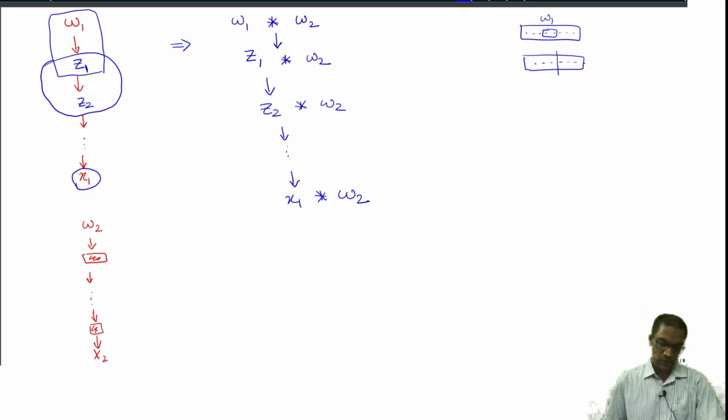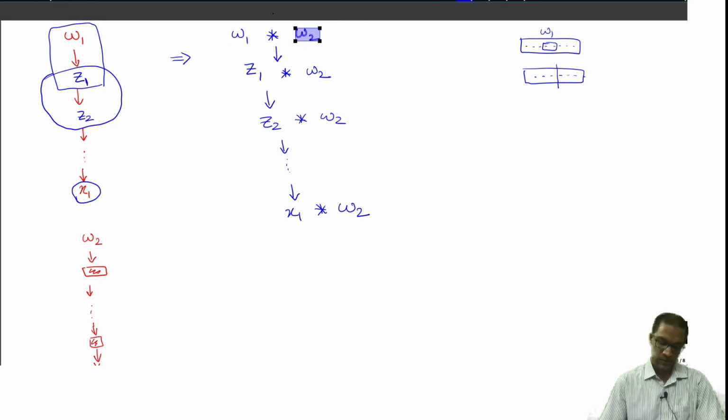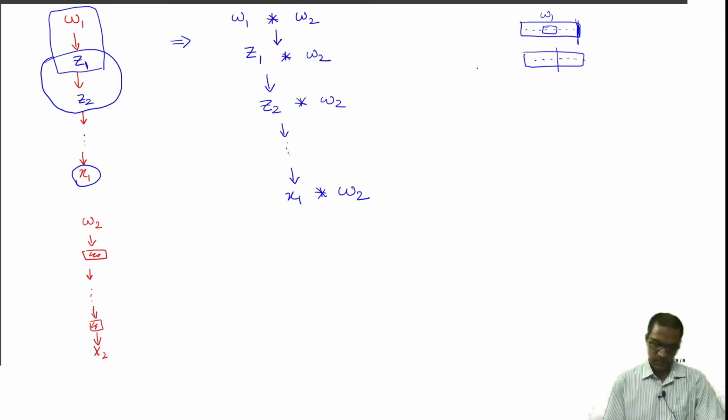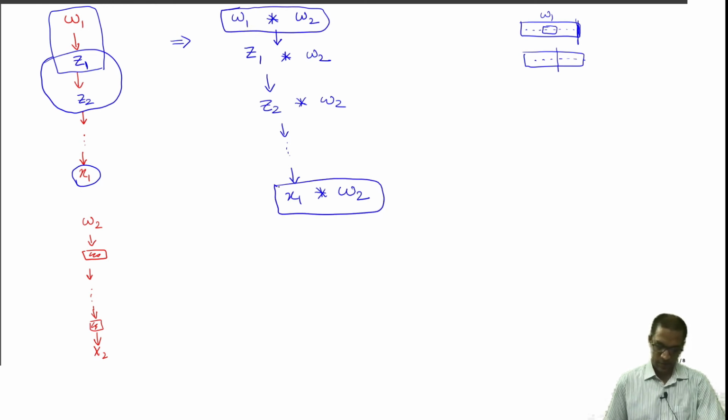Okay, so I've started at W1 star W2, which is what I need to start with. Okay, so we have managed to go from W1 star W2, which is what we wanted, but we have only reached x1 star W2.